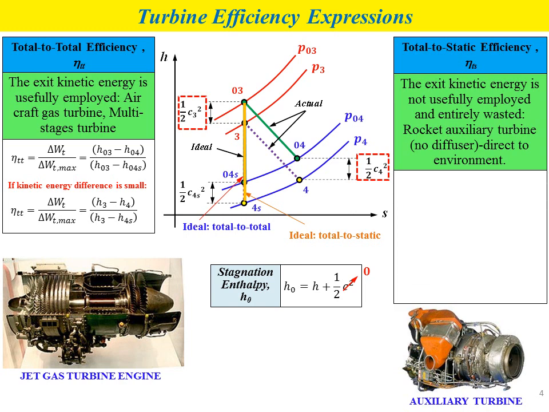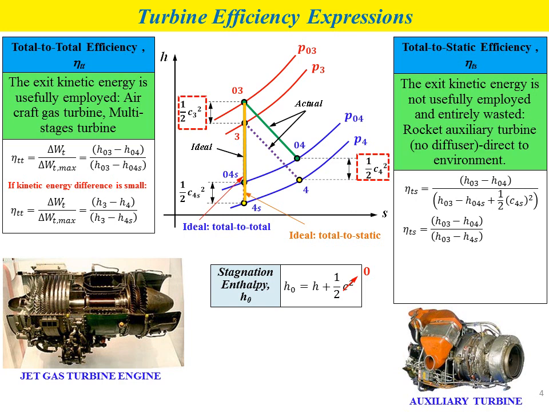So in terms of equation, mu Ts equals H03 minus H04 divided by H03 minus H04S plus half C4S square. If we refer to the h-s diagram, this equation is also the same as mu Ts equals H03 minus H04 divided by H03 minus H4S.